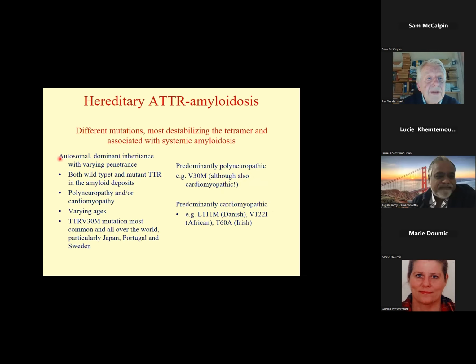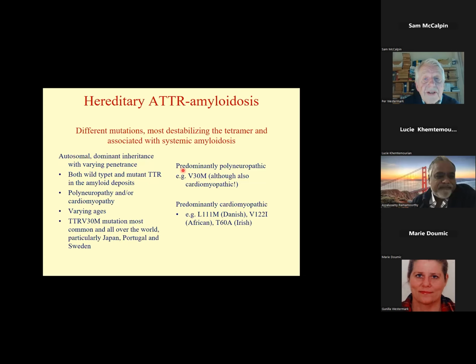They are usually, or almost always, autosomal dominant inherited, and the penetrance may vary quite a lot. And what is also typical in most forms, at least, is that both wild type and mutant TTR are deposited as amyloid. So in some way, it's not only the mutant protein that aggregates.